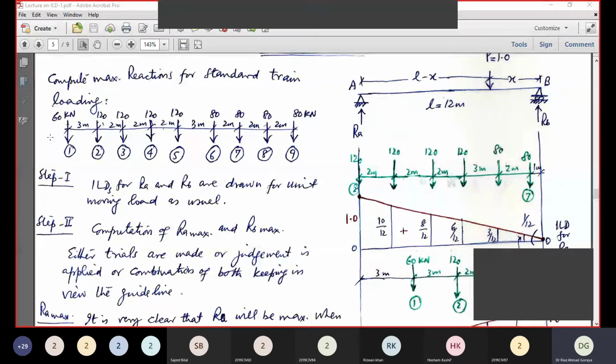I think for you, it's more convenient to go for trials because you have to learn the things. First, surely it is the half load 60 kilonewton. First wheel at A cannot give the maximum value. So you can start from wheel 2. Wheel 2 at A. Surely by judgment, this will give the maximum value of the reaction.